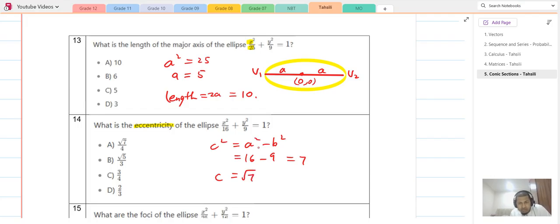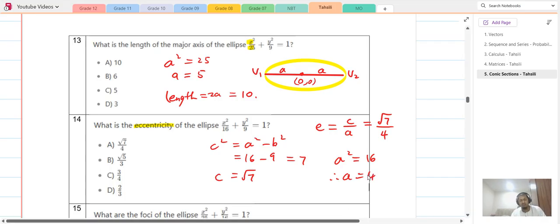And then we also need to find a. E is equal to c over a. We know this is root 7. And to find a, it is just 4, square root of 16. Remember, a squared is equal to 16, therefore a is equal to 4, square root both sides. We don't need to take plus minus here because most of the values are basically positive. I hope you guys understood that.